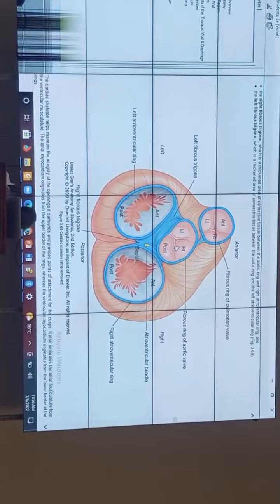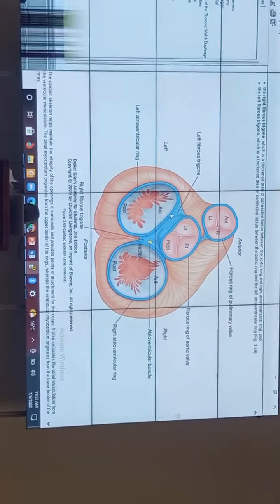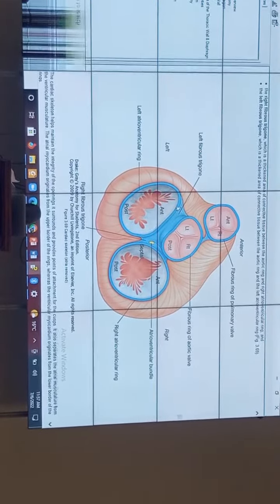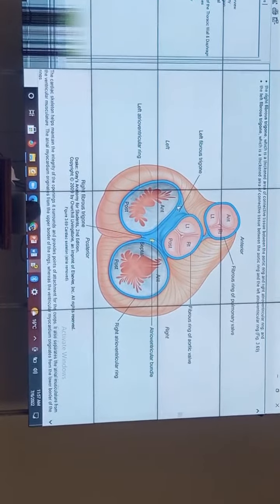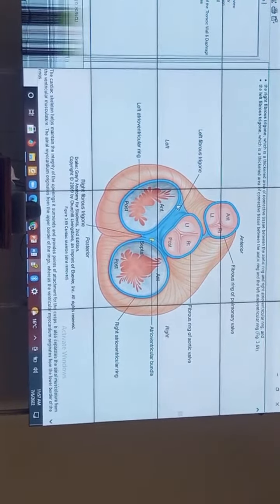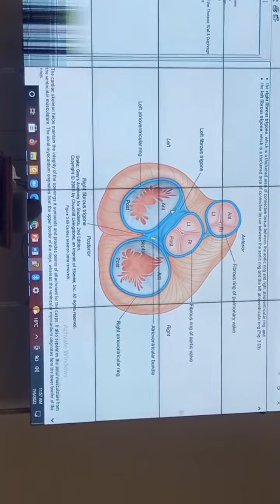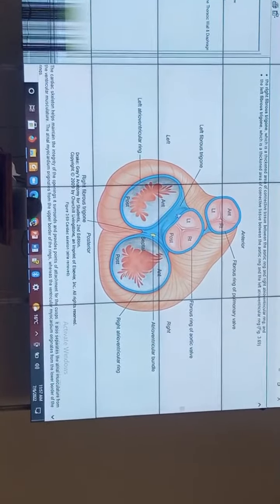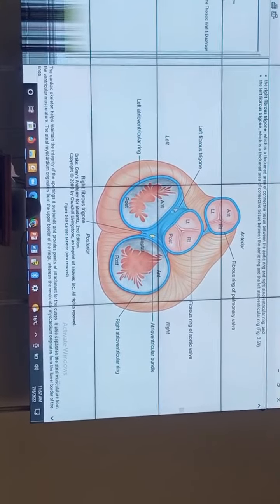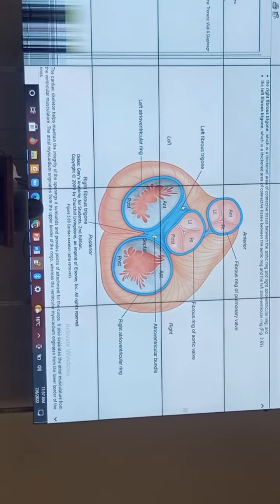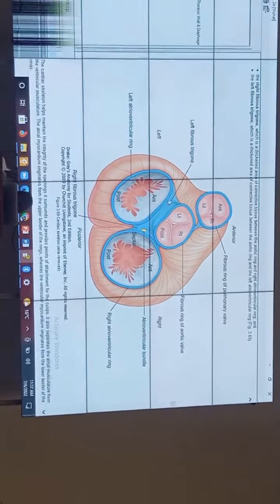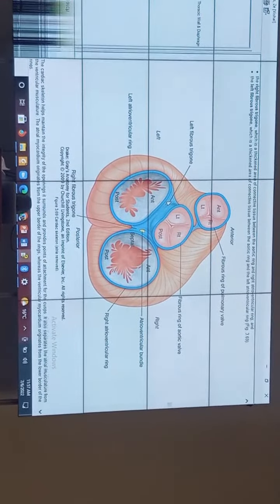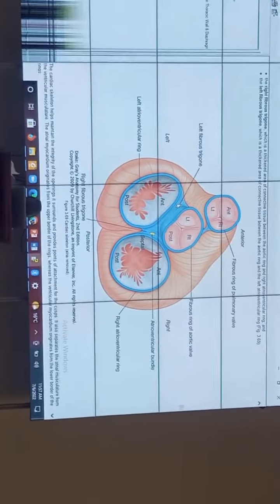This skeleton is found at the level of the atrioventricular septum, and it is not made up of bones or cartilage. No, it is made up of dense fibrous material. So what you are seeing here is that fibrous material that is forming the skeleton of the heart.